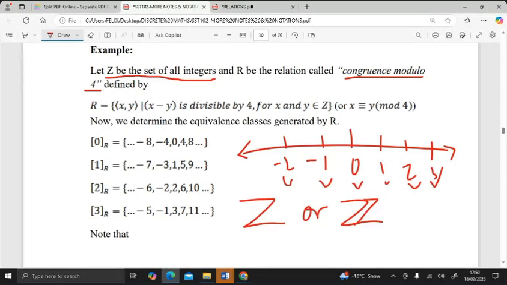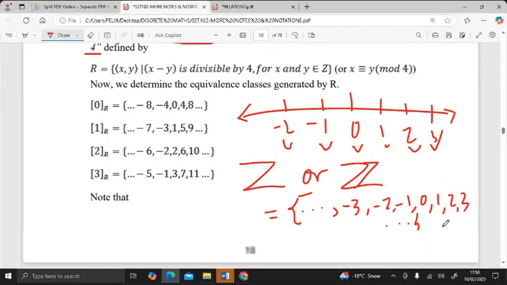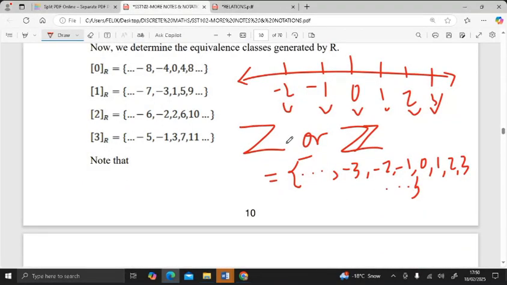And if we may use the number line briefly, we see this one 0, to the left is -1, to the right 1, and that continues. Remember that is infinite. We have -2, and this continues also infinitely. So we have -2, -3. All these are integers. You see?